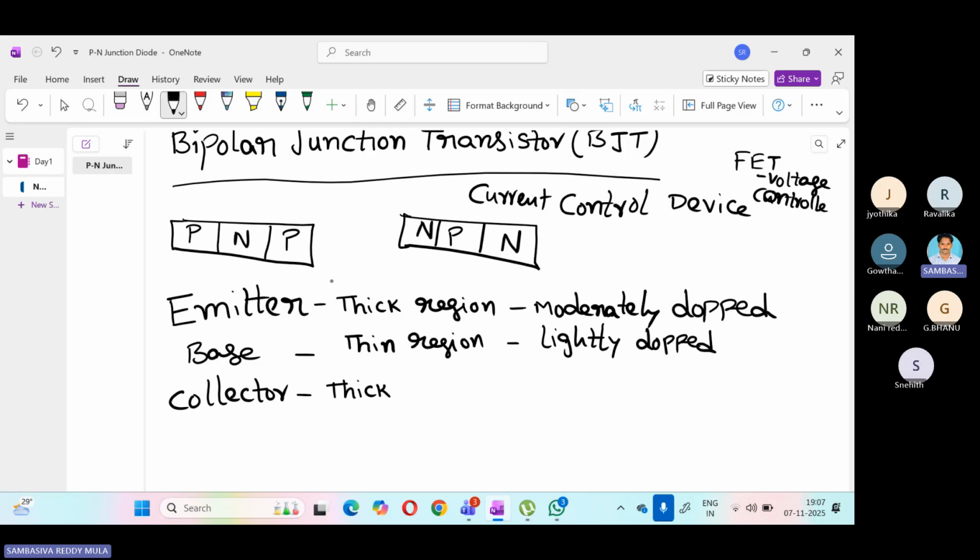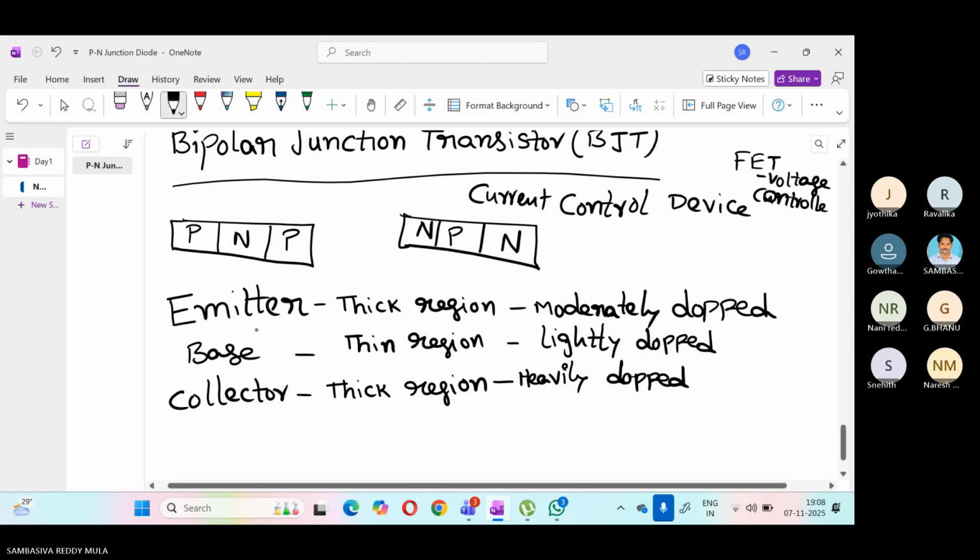The collector region is larger in size, and it is somewhat heavily doped. So these are the three regions of a bipolar junction transistor.